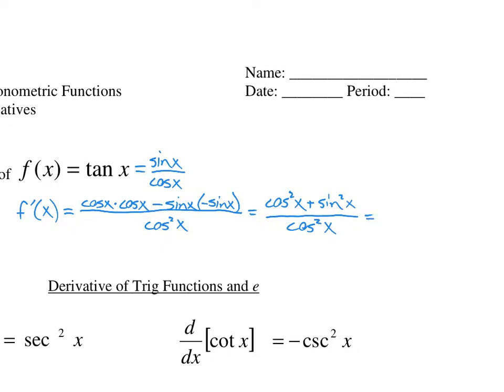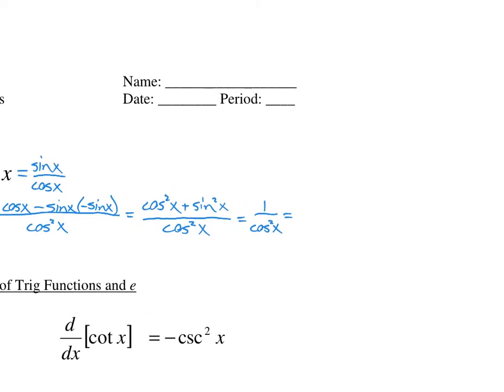Alright, so we have now a 1 over cosine squared, and 1 over cosine equals secant. So 1 over cosine squared is secant squared x. Okay? So we just derived the derivative of tangent using sine and cosine.